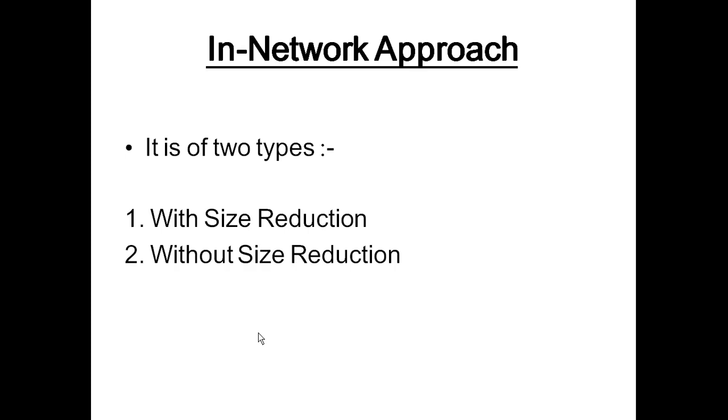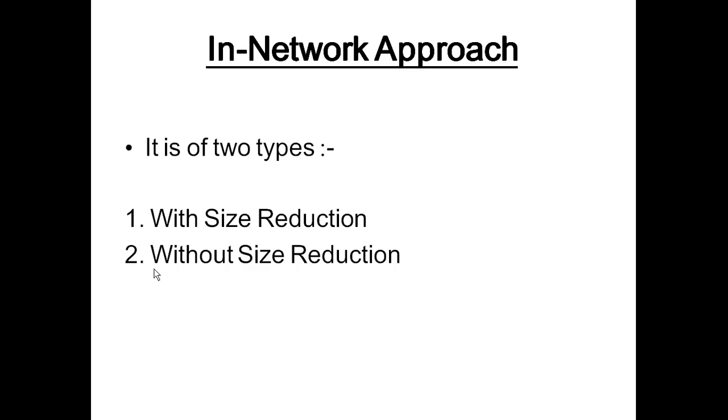But the variation is that it is of two types: one with size reduction, and the other without size reduction. One sends the data onward after reducing the size of the packet, and the other without reducing the size of the packet.